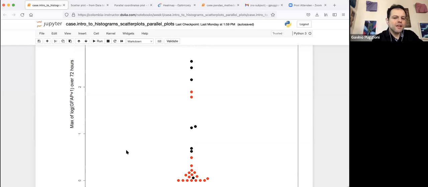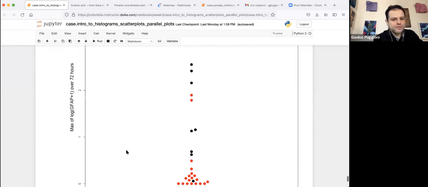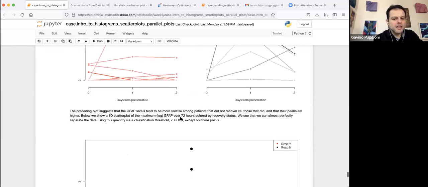So let's say if the values on the log of the maximum +1 are above 0.5, then we might say, well, we recommend further testing just because this marker has been high in the last 72 hours, and this is a potential for further complications down the road.